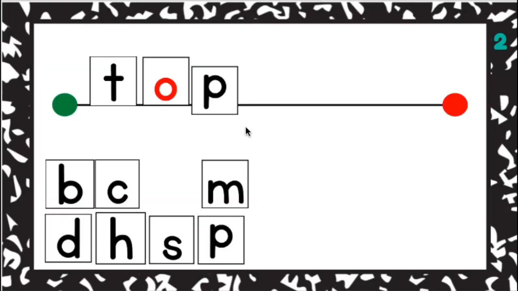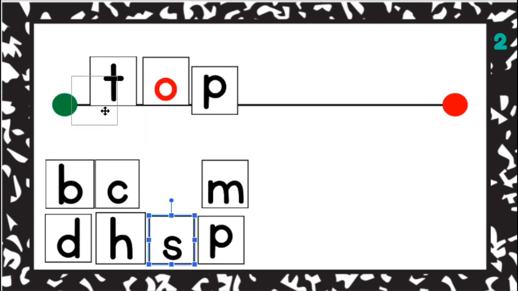Now for the last word, we're going to have a challenge. This word actually has 4 sounds. It's the word stop. Stop. So I need to say the sounds really slowly to make sure I get all 4. S, t, ah, p. What's the first sound? Stop. Oh, I hear an s.